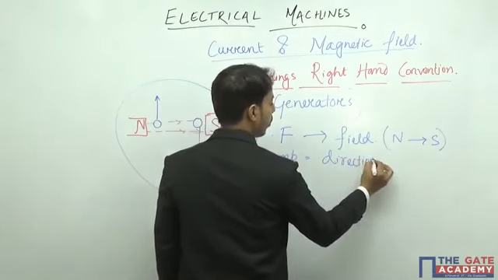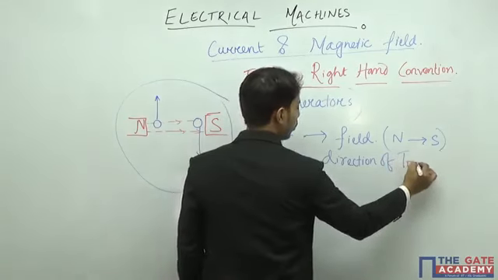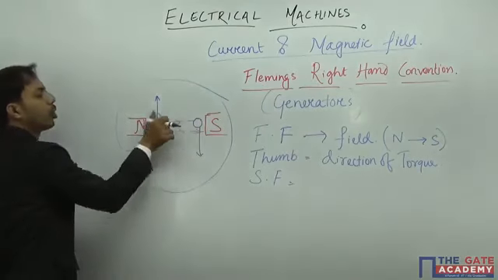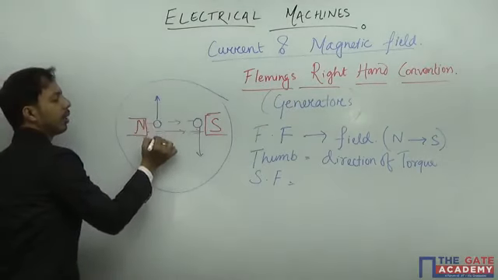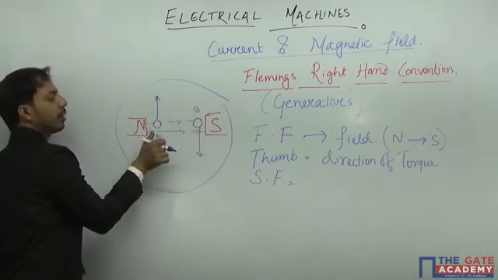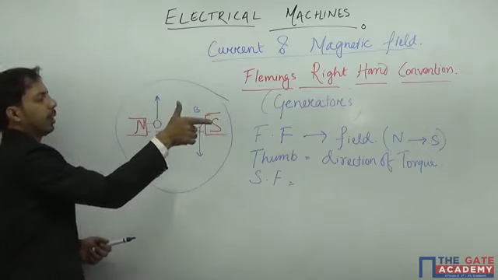Here you see the direction of force or torque for this particular conductor. Let us say this is conductor A and this is conductor B. For conductor A, the direction is upward. The field is this side.